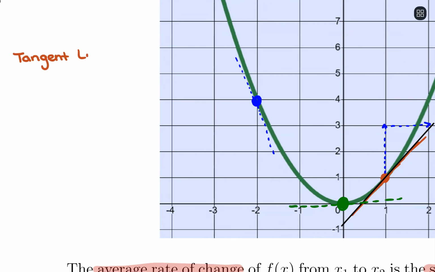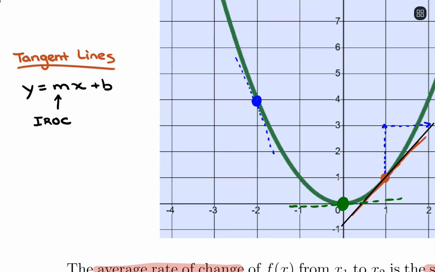Just to finish up, talking about these tangent lines: a tangent line is just an equation of a line. We'd have y = mx + b with these. The slope is what we were looking at here, that instantaneous rate of change that we're talking about.